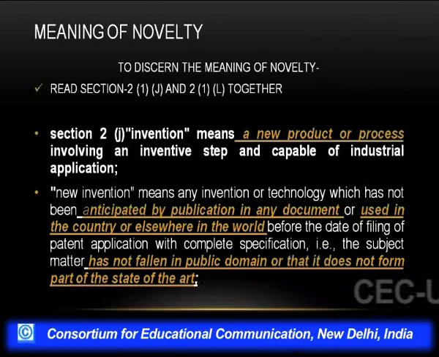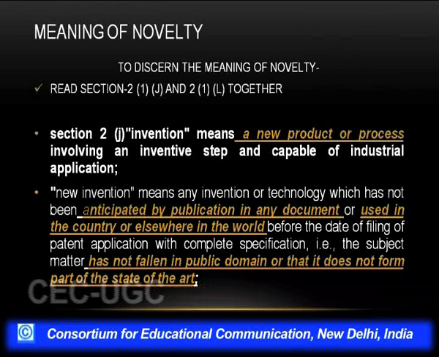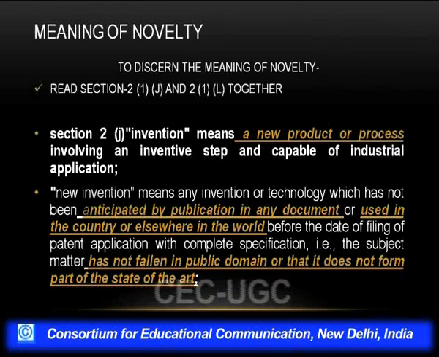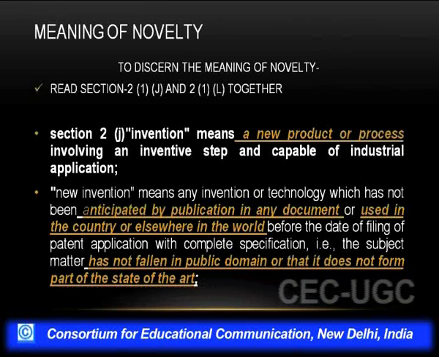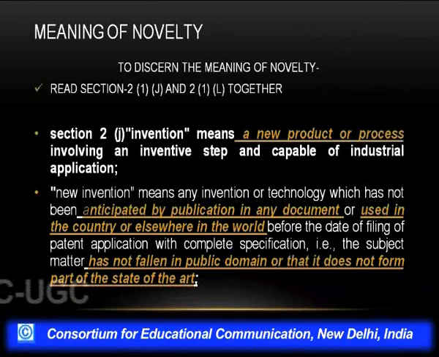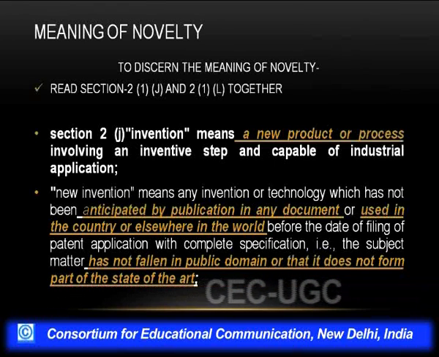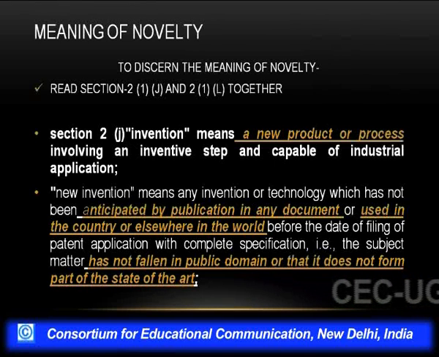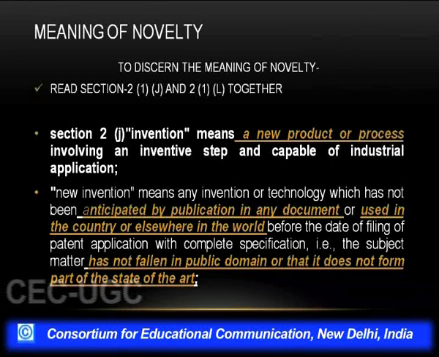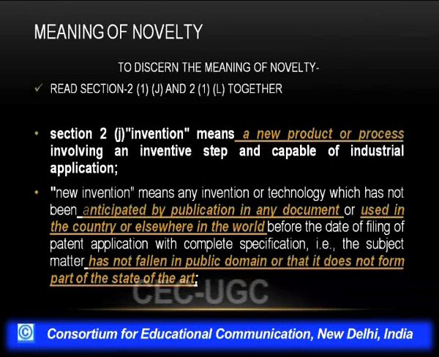So this definition does not provide a positive list of the elements to be seen while proving the novelty. It provides a negative list of the things to be first of all avoided and discarded. Only then would that particular invention be called novel, or be termed a new invention.